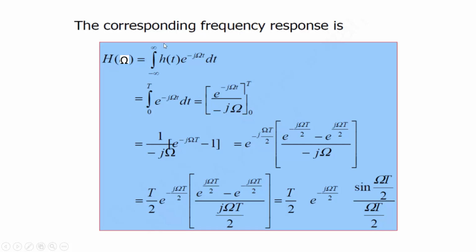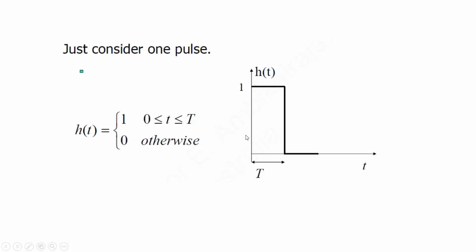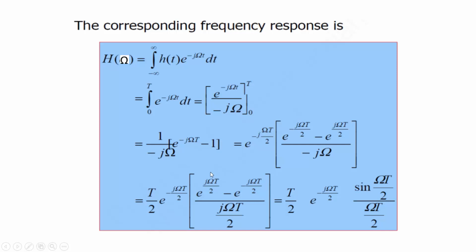Now, if we look at the corresponding frequency response in the continuous domain, because here I'm taking the big omega, which is basically in the continuous domain only, this is the general formula of the frequency response of a signal. Because the value of the pulse is 1 from 0 to capital T, the limits are changed to 0 to capital T, and it is 1 in this range.